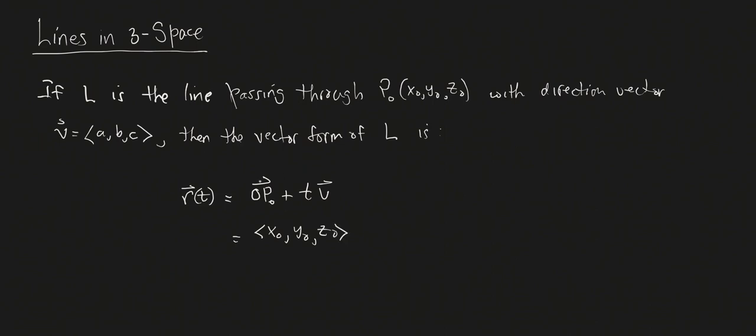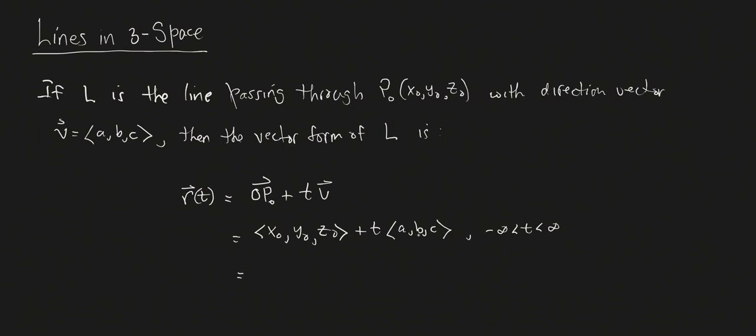That's the vector OP0, and then here are all the possible scalar multiples of my direction vector, A, B, C. Though not needed, if not stated, it is implied that T can be any real number. For our parameter T to generate the entire line, it has to be any number from negative infinity to positive infinity.